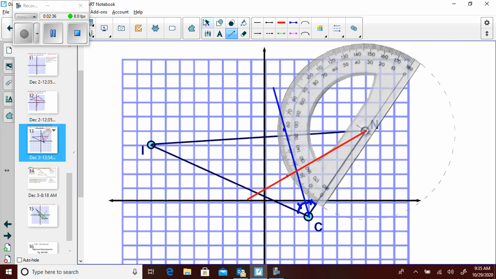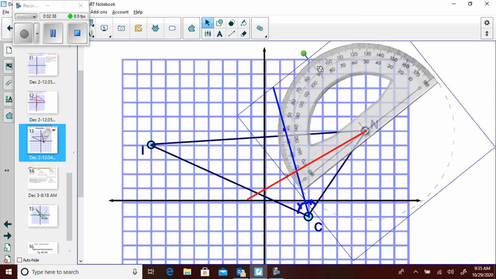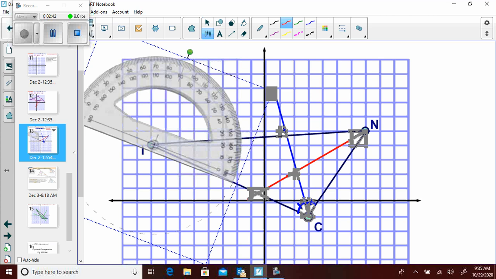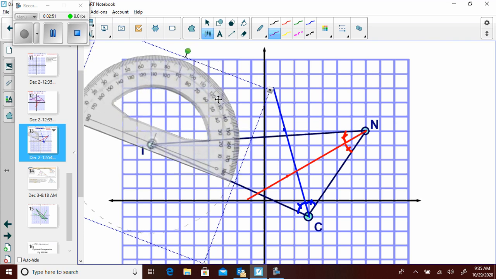And then last, we will bisect I. Oh wait, forgot we got to mark it so you know that it's the angle bisector. So here, we said that's 52, right?